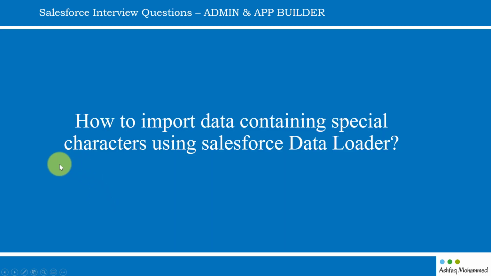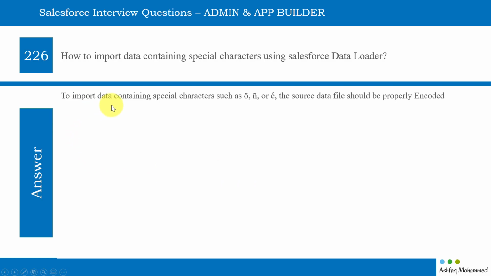Next is how to import data containing special characters using Salesforce Data Loader. Sometimes you have data with special characters. To import such data, the source data file should be properly encoded. Basically, we have to encode the source data file itself.